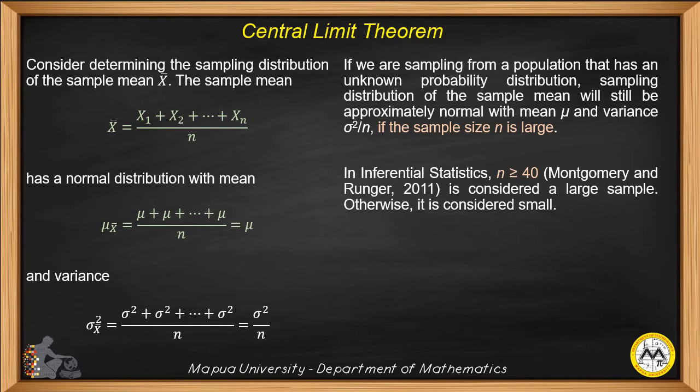So how do we determine this? Various references state that if n is greater than or equal to 40, like Montgomery and Runger, it would be considered large. While if it is generally greater than or equal to 30, we consider it large, from Walpole and other authors. So the majority of the authors take into consideration 30.